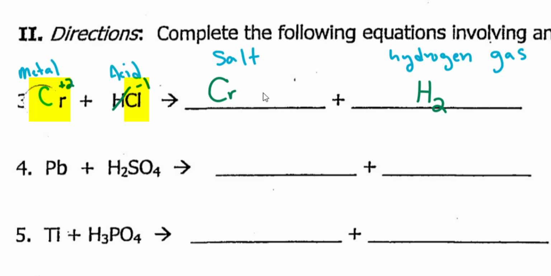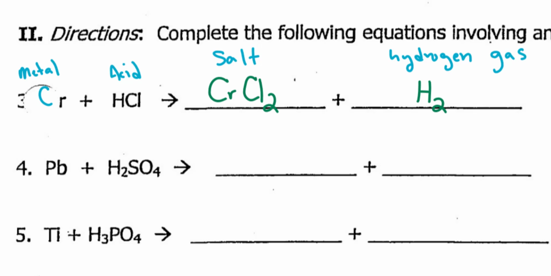So our formula will be CrCl2, chromium chloride, and I need a subscript of 2 because I need 2 of these chlorines to combine with the 1 chromium in order to get an electrically neutral compound. Now I'm going to erase these charges because you never show those, and get rid of the hydrogen that I marked out.